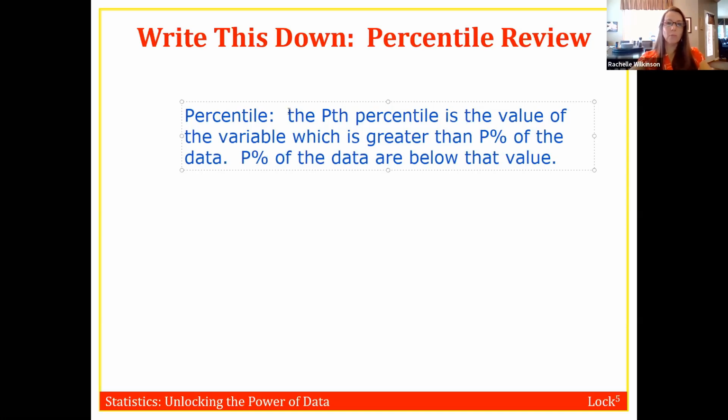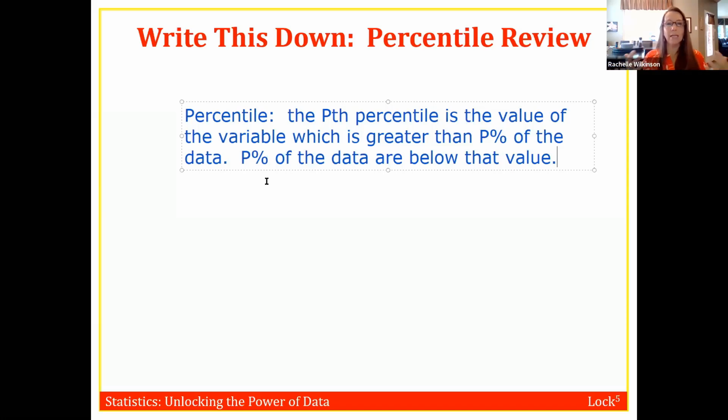So the key thing to remember here is that the percentiles of a distribution are actual values of the variable. The percentiles are not the percents themselves. They're the values of the variable that correspond to a certain percentage of the data being below or above that value. So in other words, let's say you take the ACT and you find out that you get a score of 29 and they tell you that you're in the 92nd percentile.